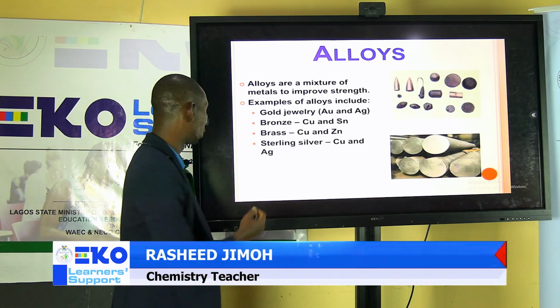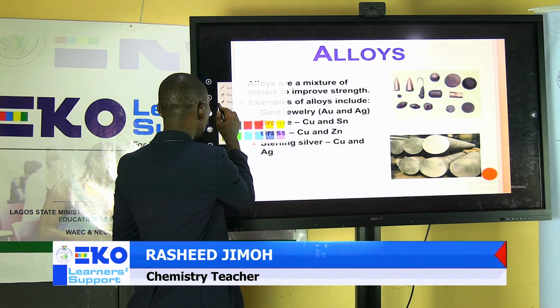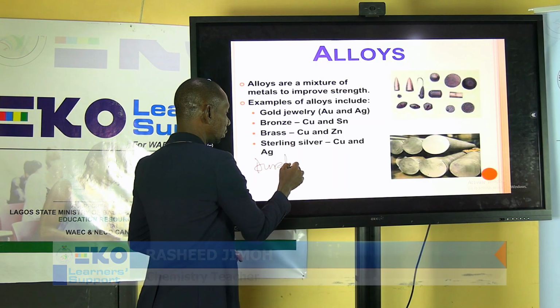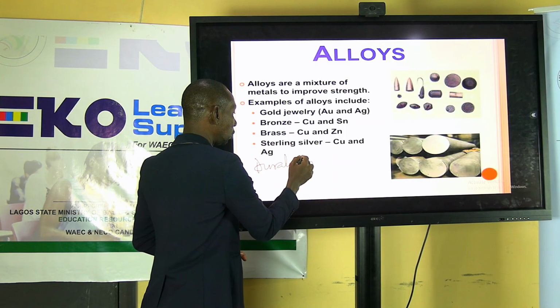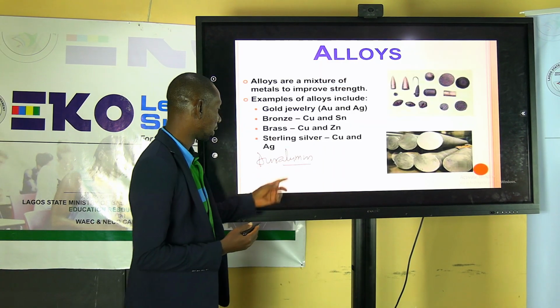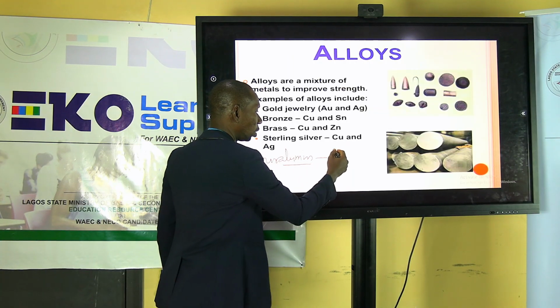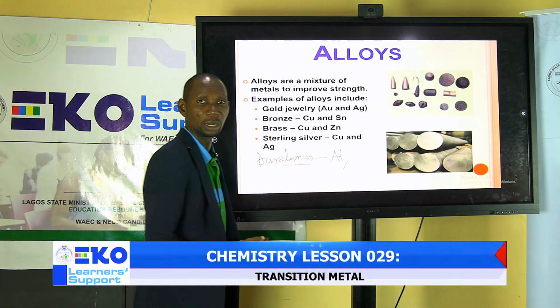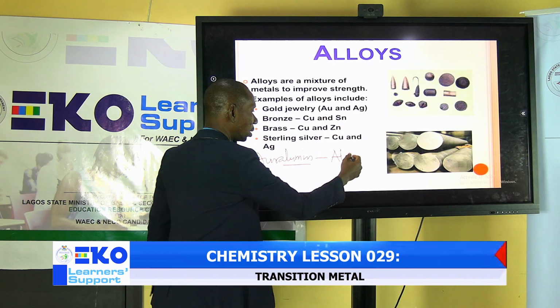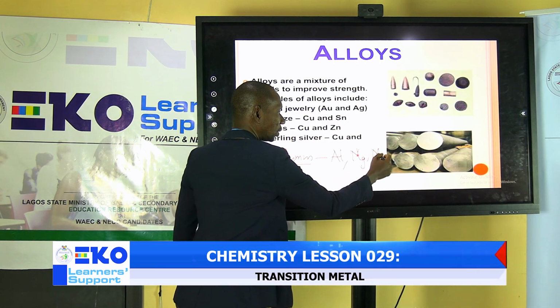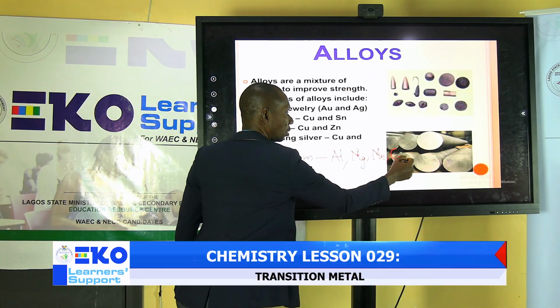There's a common alloy which is usually also examined. It is called duralumin. Yes, say that. Duralumin. As the name suggests, alumin is part of the name, and so one of the metals making it up is aluminium. Another is magnesium, manganese, and lastly, you have copper.